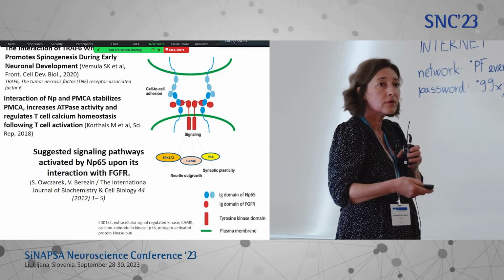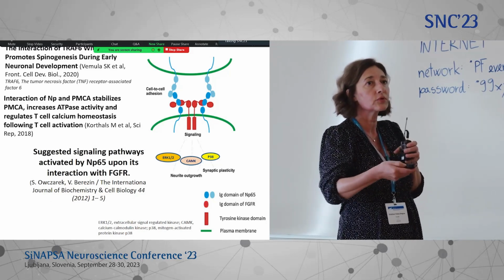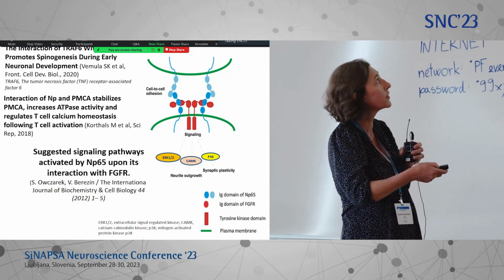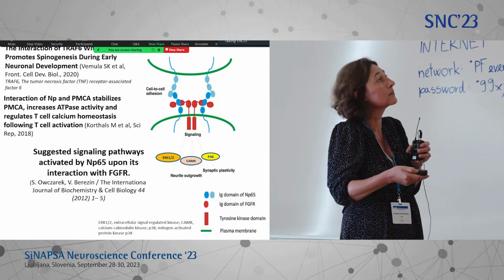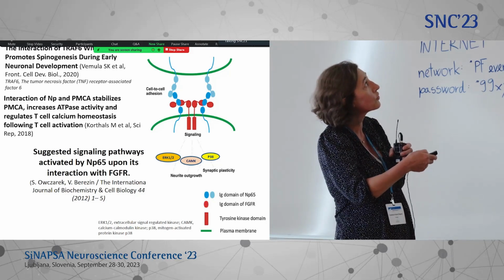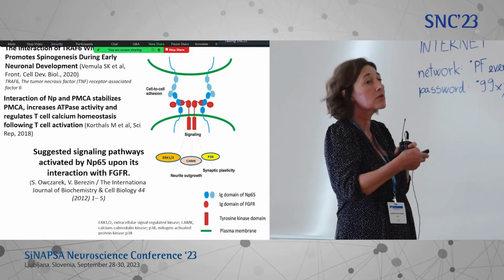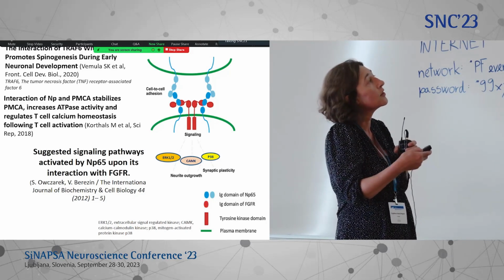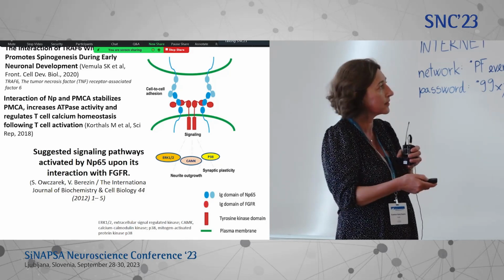There is also another interaction, important for people working in the inflammatory or neuroinflammation field, or the inflammation immune response in general: the interaction of neuroplastin and PMCA stabilizes PMCA, increases its catalytic activity, and regulates T-cell calcium homeostasis following T-cell activation.